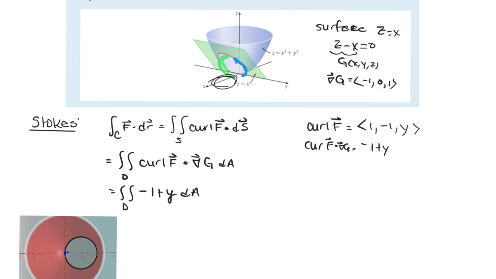And we found that it was a circle centered at 1/2, 0 with radius 1/2. So this was 1 and the center was 1/2. It was x minus 1/2 squared plus y squared equals 1/4. So we found that earlier. That's our D.